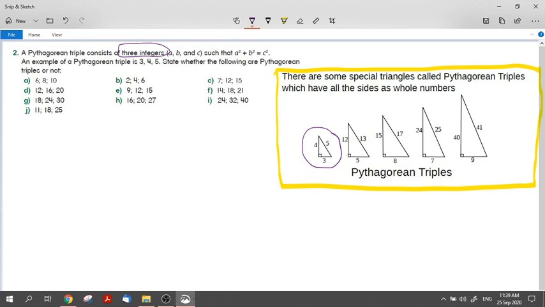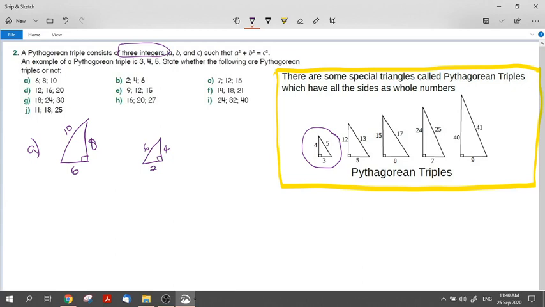Now this question is just like the 50-50 number 11 to 20 question. It gives you 3 numbers and you must draw the triangle. Number A would be 6, 8, 10, which I drew with the ruler. The second one would be 2, 4, and this would be 6.